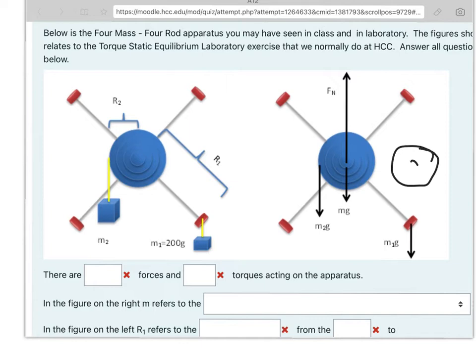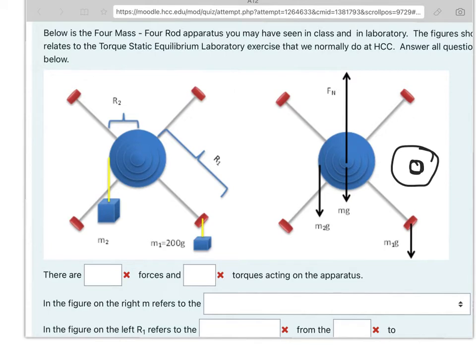This is the disc and there's the axle, but the axle doesn't turn. It's only the disc that turns. And it turns out the axle has quite a bit of mass, but that's not part of what we're examining. We're examining the apparatus, so the mass of the axle would have to be subtracted.